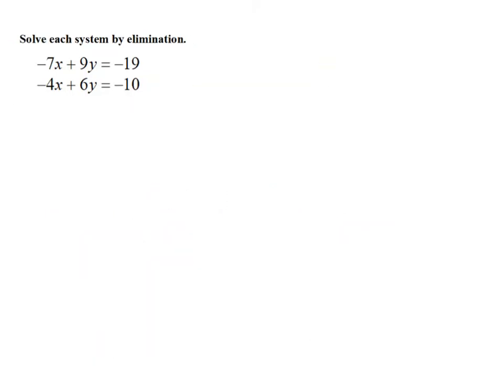In the next example, I have the equations negative 7x plus 9y equals negative 19 and negative 4x plus 6y equals negative 10. Again, in this equation, I'm going to have to multiply both of the equations. So if I choose to make it so the y terms will cancel out, I could multiply the first equation by positive 2 and the second equation by negative 3.